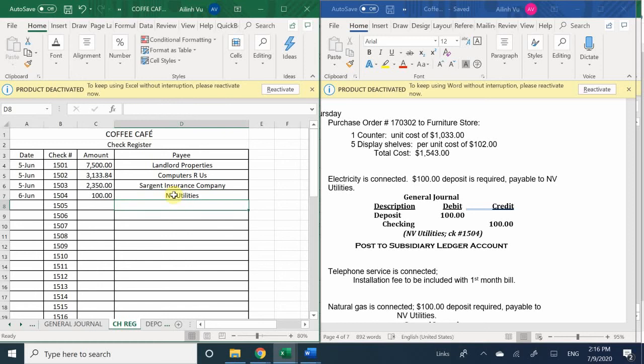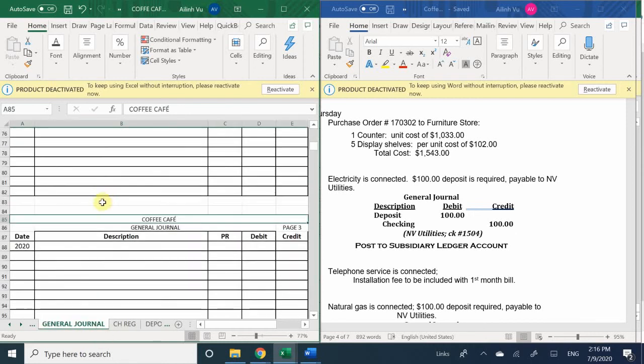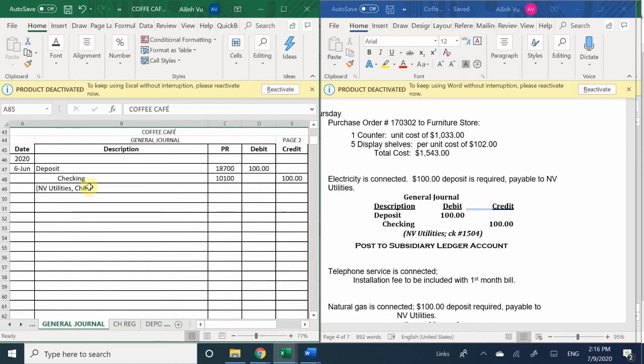Okay, and it's for 1504. So my check number is going to be 1504.